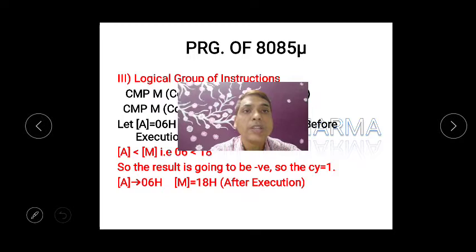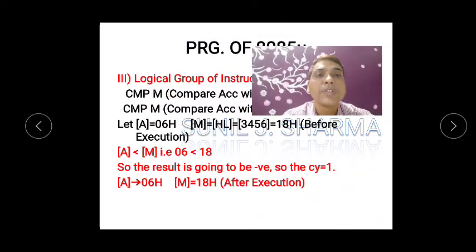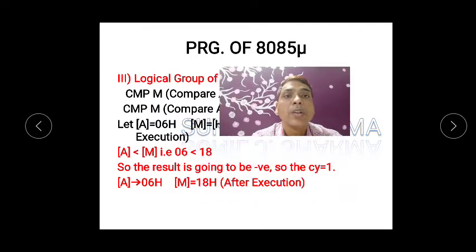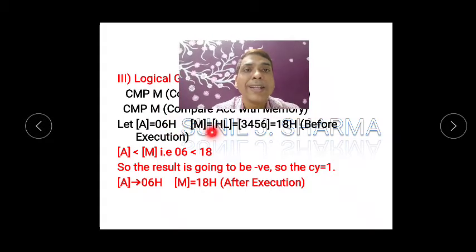Now let's take one more example: compare M, which compares the accumulator with memory. In this case I have purposely taken the accumulator contents as smaller, but we cannot directly write M is equal to 18, because M means the contents of the HL pair. The HL pair will hold some address, and at that address you will have some value.